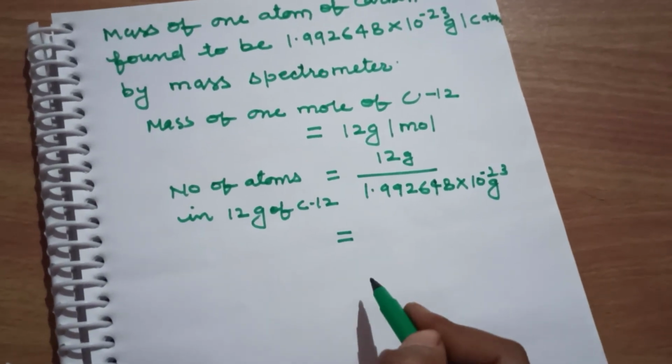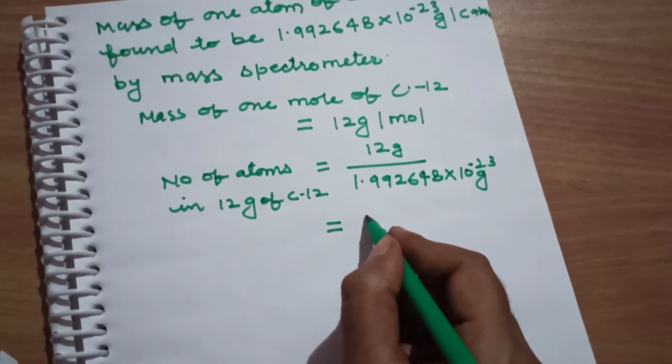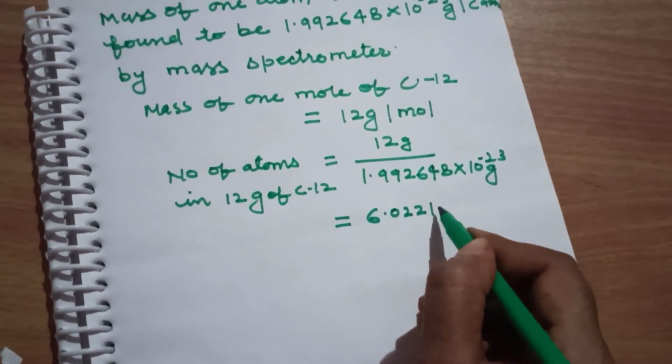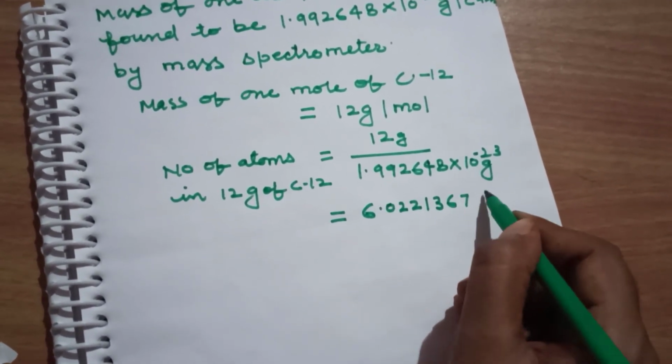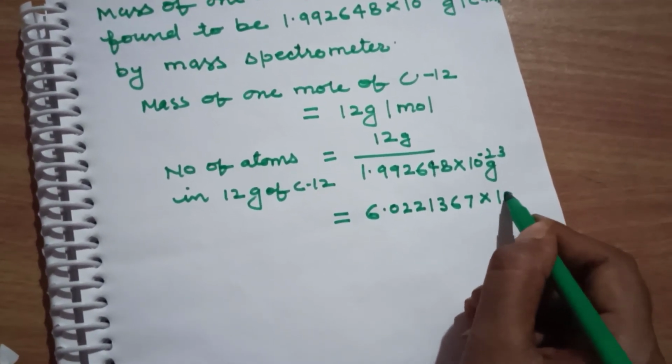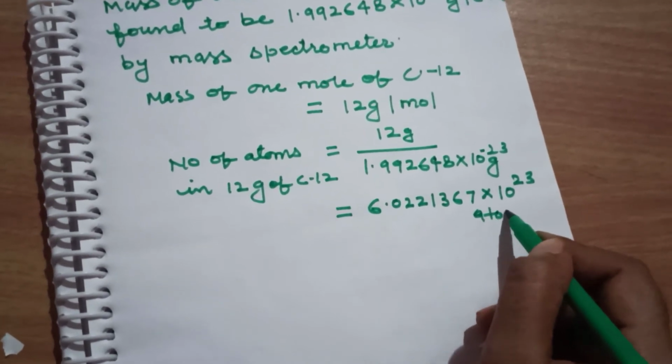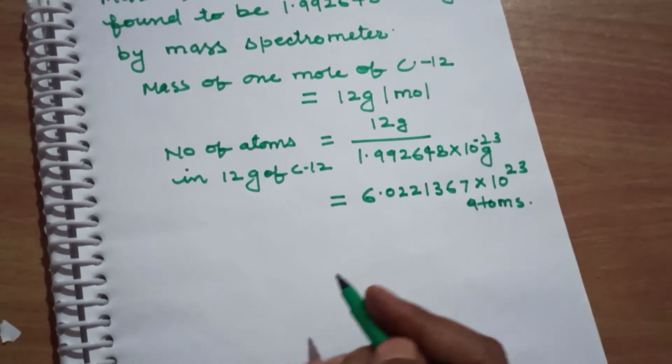After solving this, we get 6.0221367 × 10^23 atoms. This is mole.